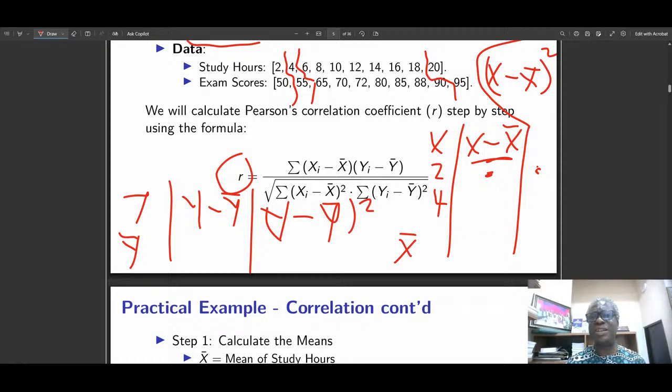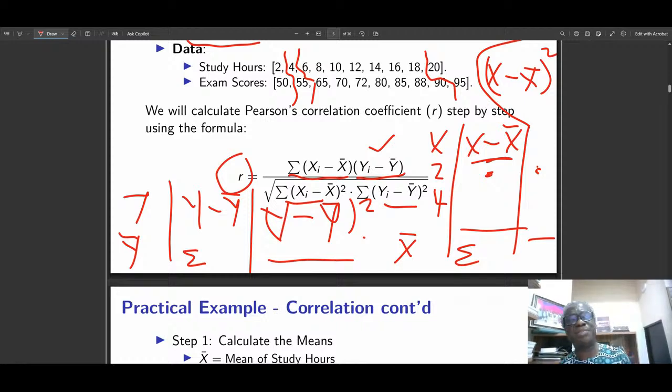Then you sum it to get the sum of xi minus x bar. When you do the summation for each column, that will give you the value here, and here, and this expression.